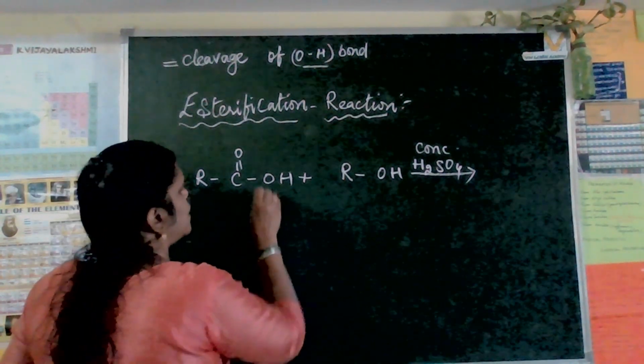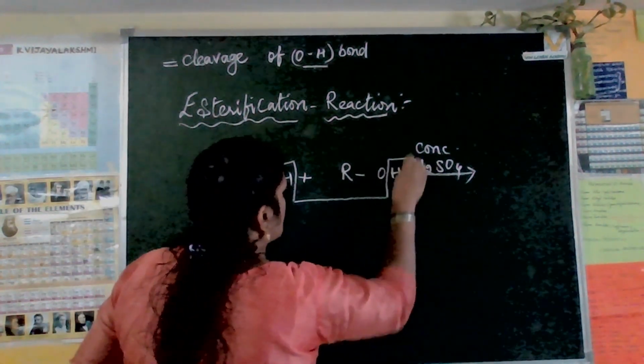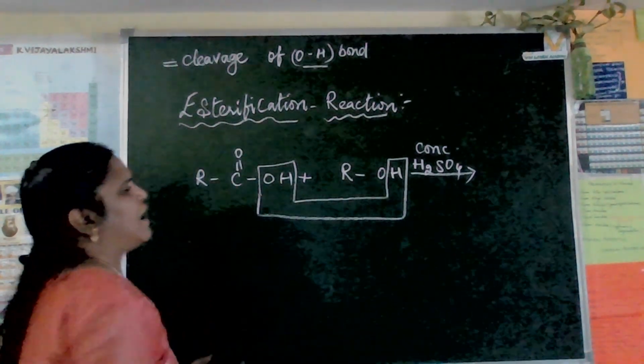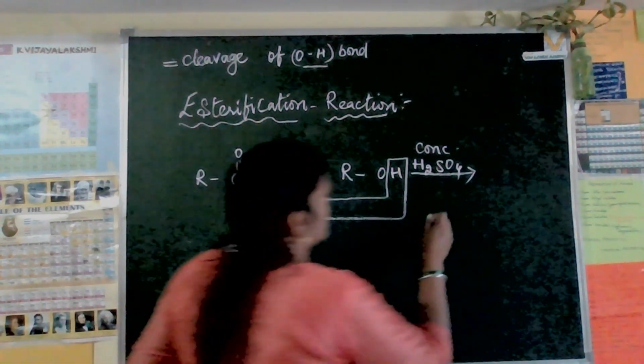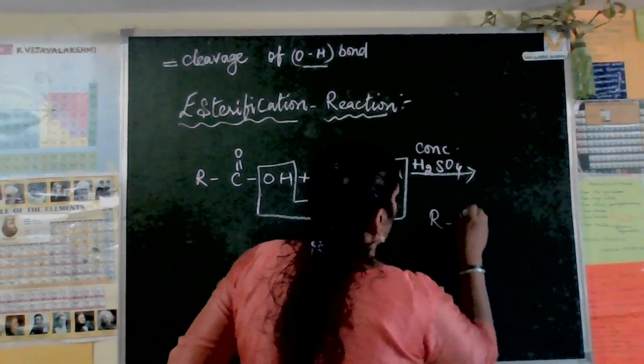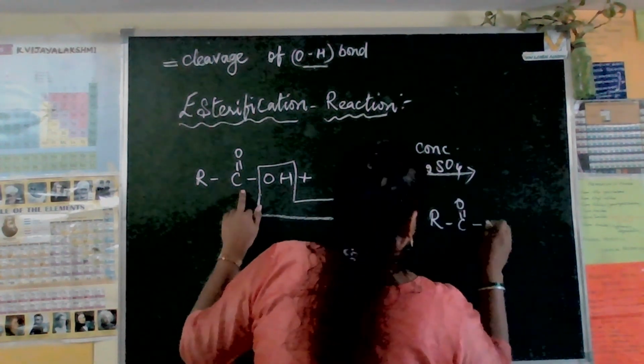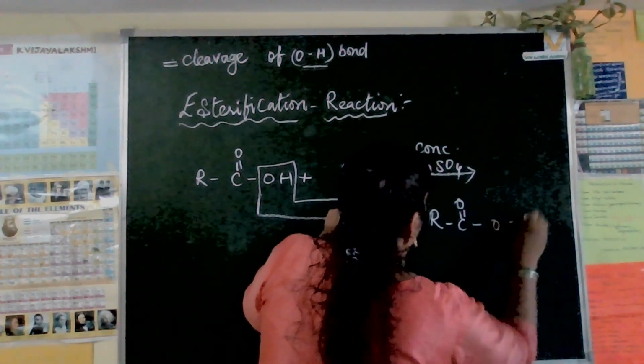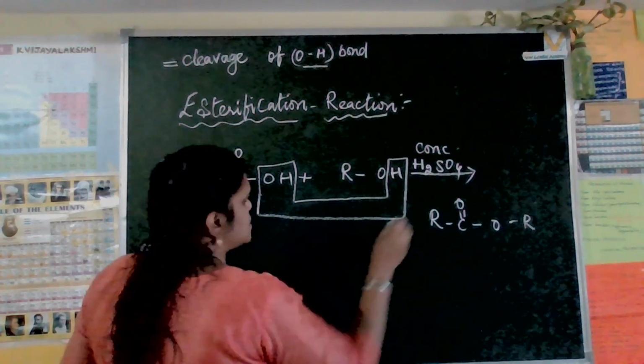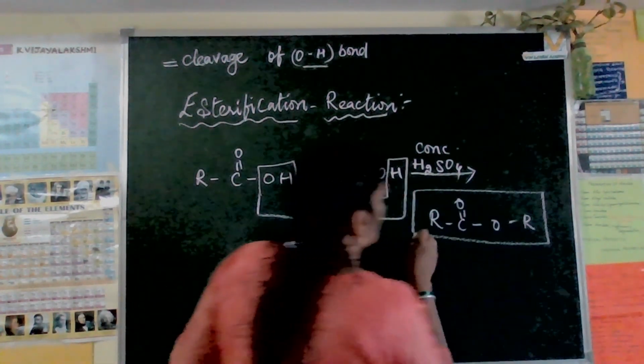Now what happened here? Removal of water. We are getting R C double bond O, O R. So this is the formula for ester.